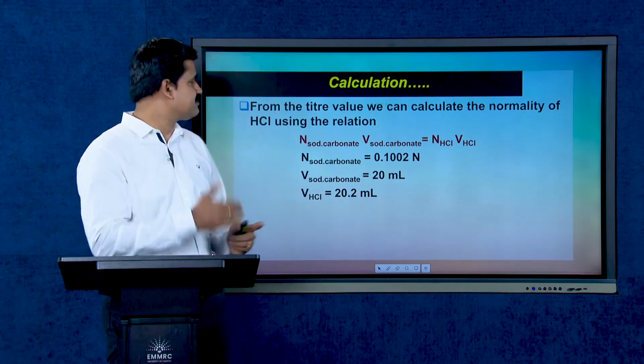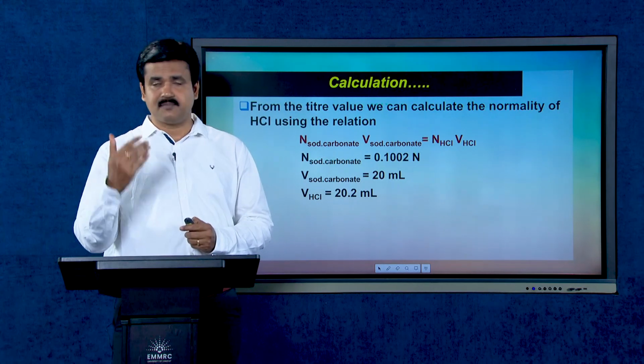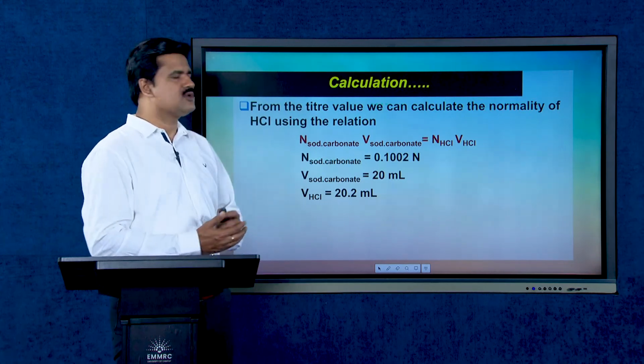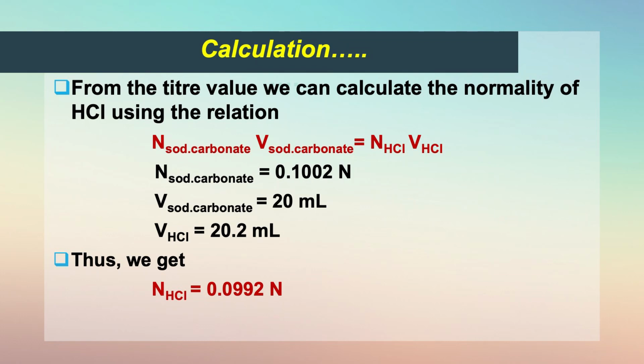In the present expression, N sodium carbonate, which we already calculated during its preparation, is equal to 0.1002 normal. Then volume of sodium carbonate, the volume of the solution pipetted out, is equal to 20 ml, and volume of HCl, the concordant value in the present experiment, is equal to 20.2 ml.